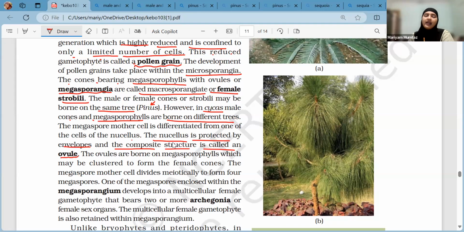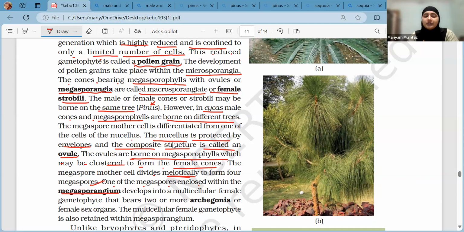Just like in angiosperms, here also the ovule is surrounded by the nucellus. The ovules are borne on the megasporophylls, which may be clustered to form the female cones. The megaspore mother cell divides by meiosis to form 4 megaspores. One of the megaspores is enclosed within the megasporangium.